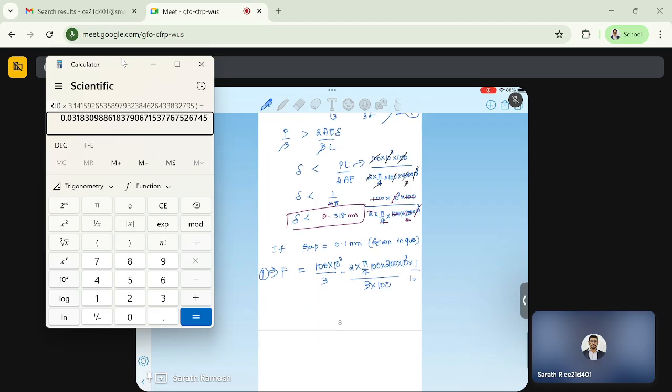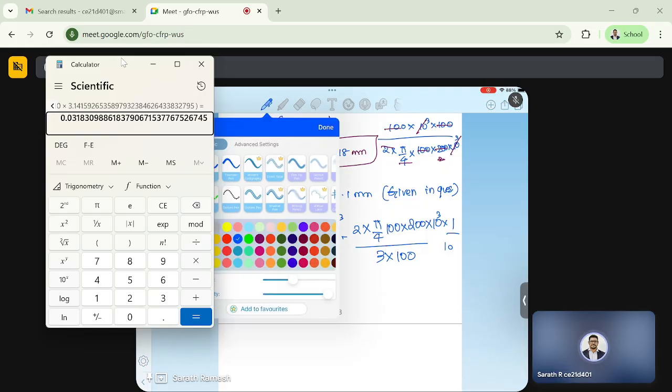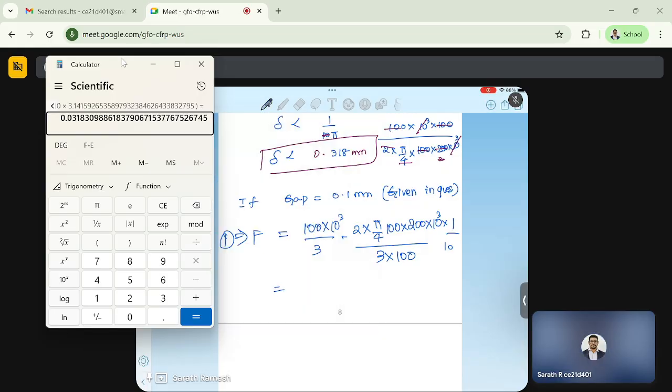Okay, so this we need some attention. This is equal to 100 get cancel, the two 2s are this 200.